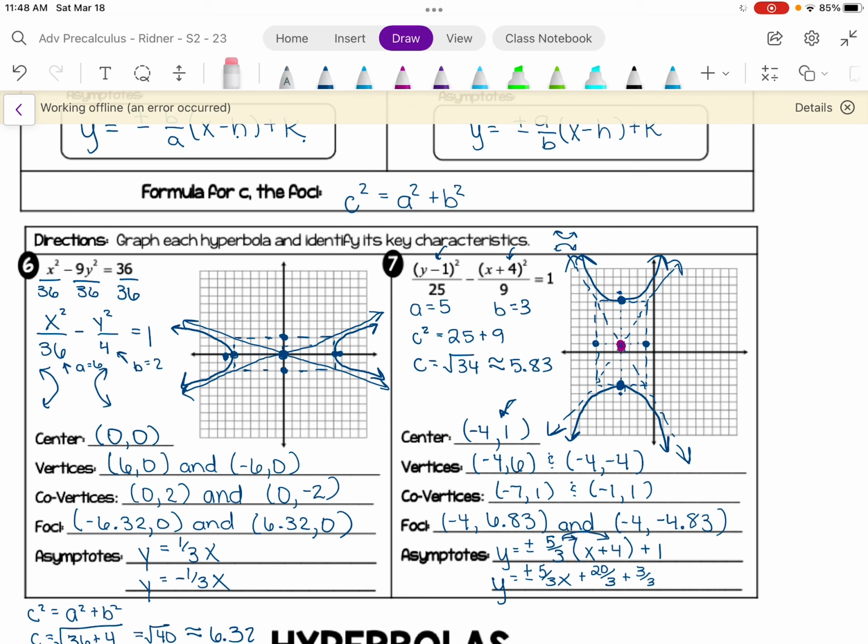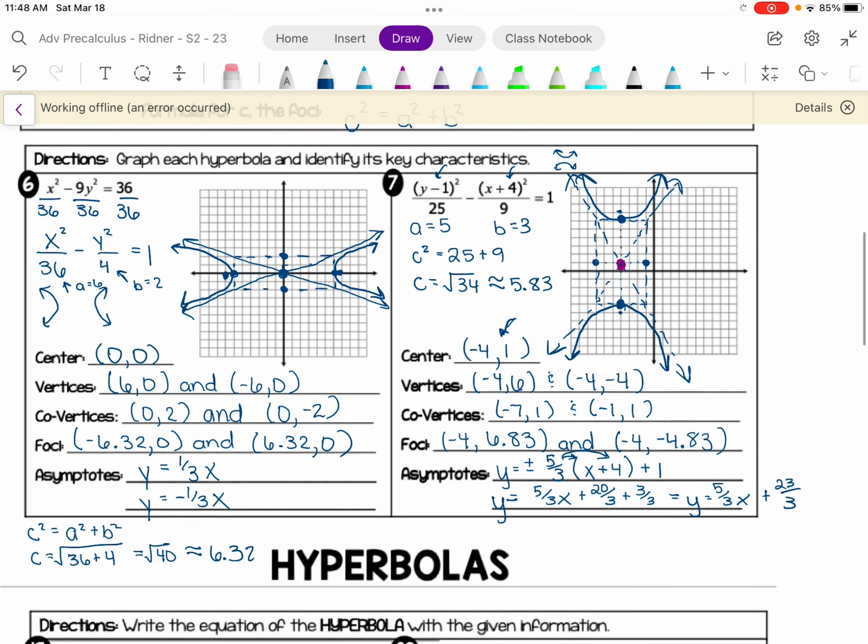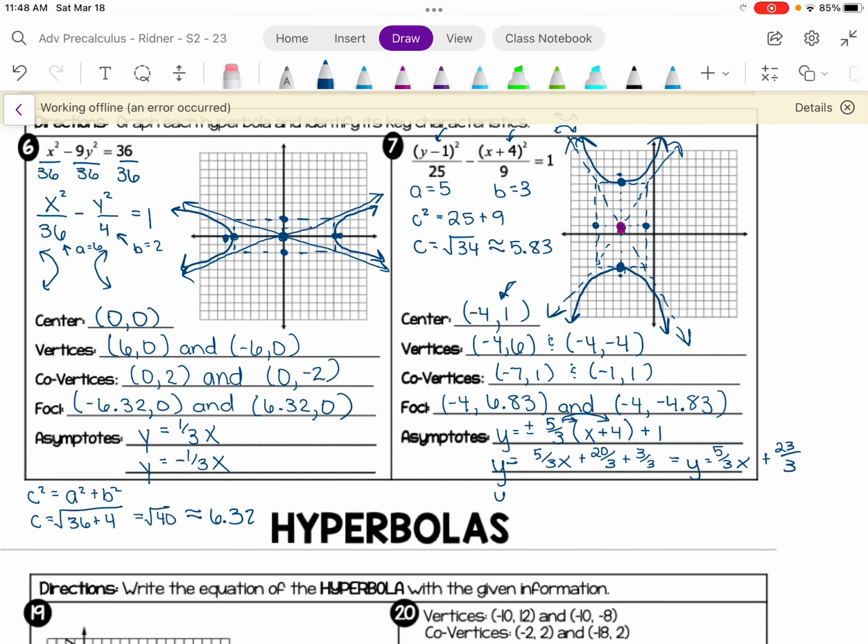Oh, we got to back up here. This does change depending on if you're positive or negative. So right now, I'm working with positive 5/3 x, and that's how I distributed that. So that one is 5/3 x plus 23/3. Now let's go back and do it with negative.